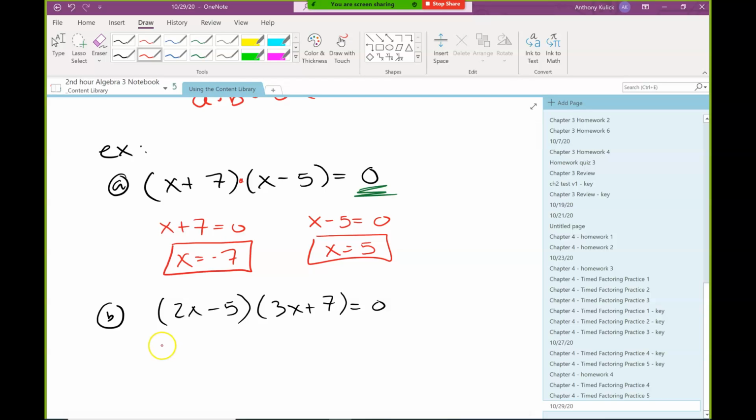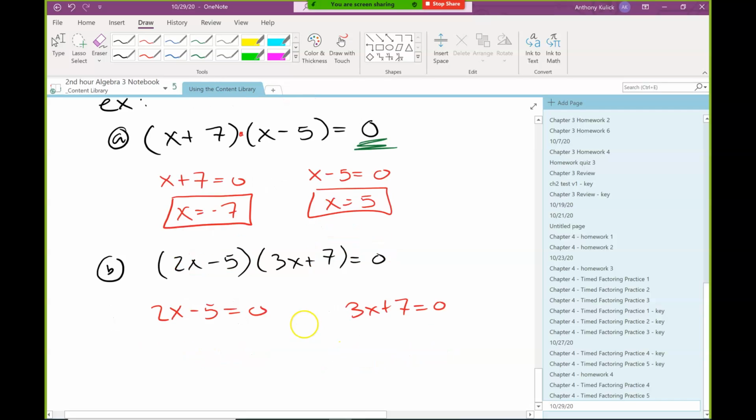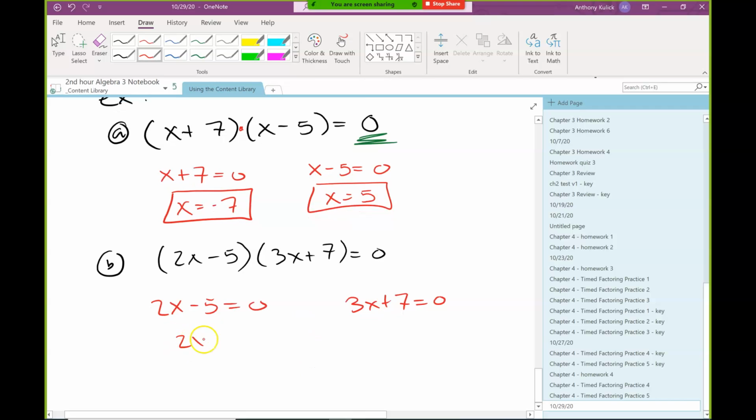Ya betcha! So I can just take each of those two factors and set them each equal to 0 and then solve them separately. So add 5 to both sides and then divide by 2. And then subtract 7 from both sides and then divide by 3.